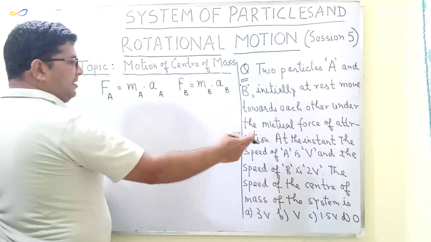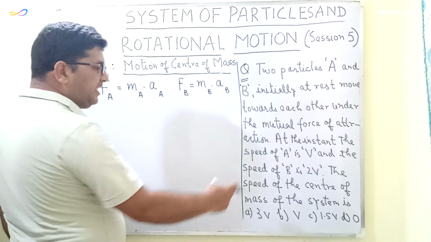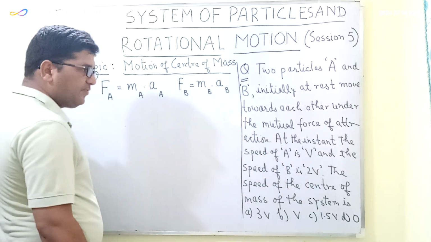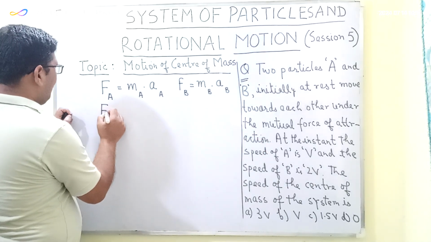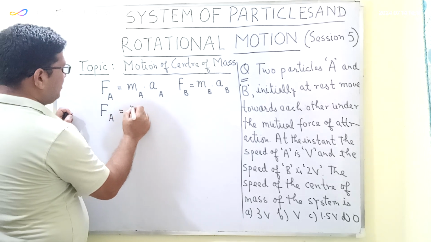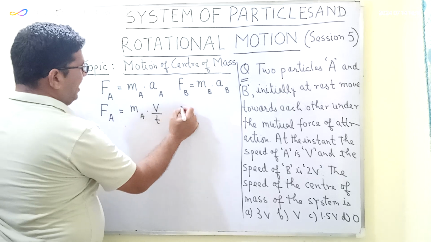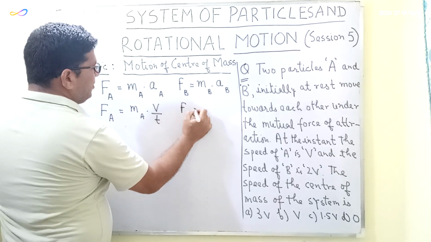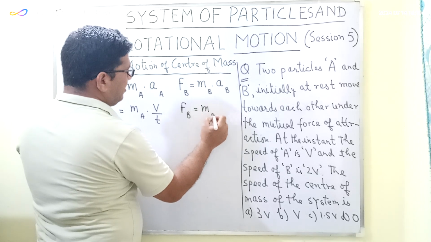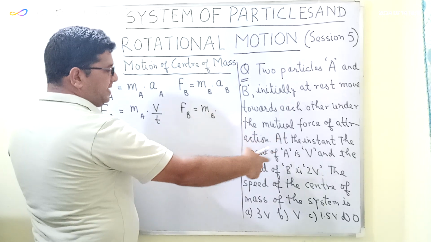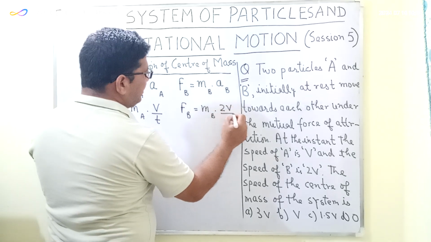Now at the instant the speed of the particle A is v and the speed of the particle B is 2v. So this equation can be further written as Fa is equal to Ma times v upon t, and the force on the particle B is equal to Mb times, and here at the instant the speed of the particle B is 2v, so 2v upon t.